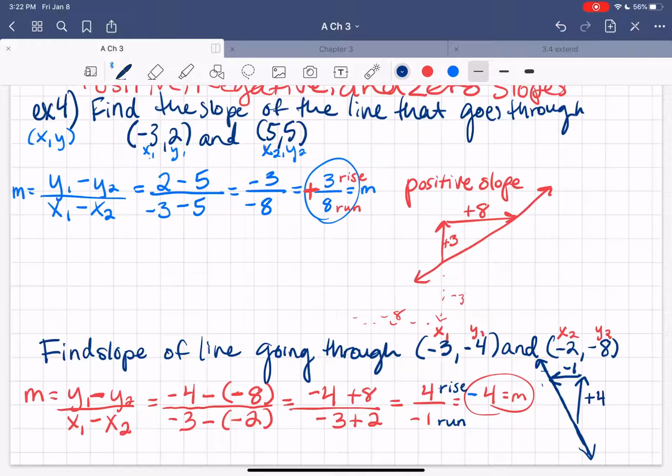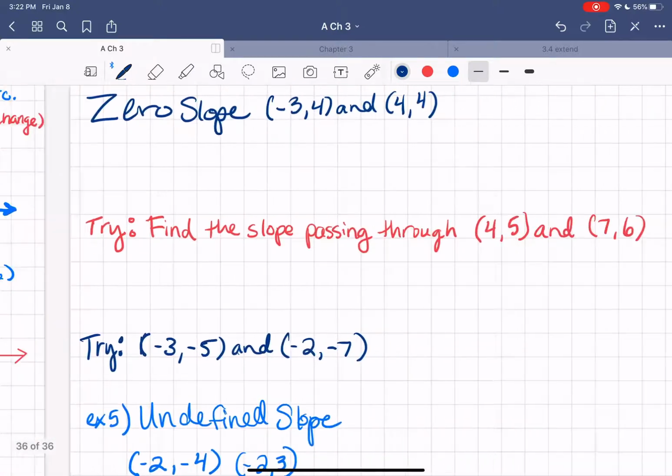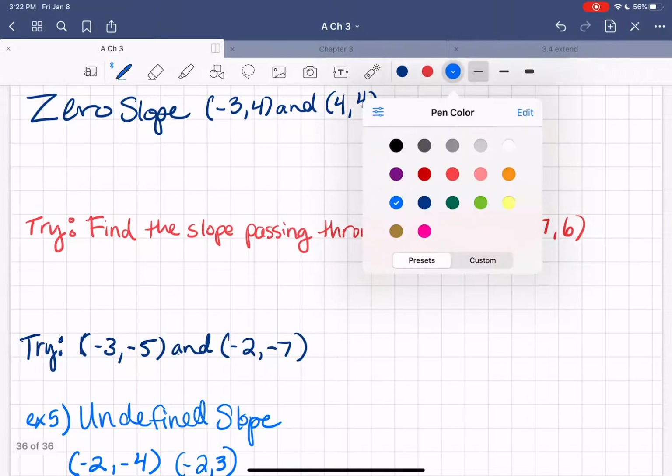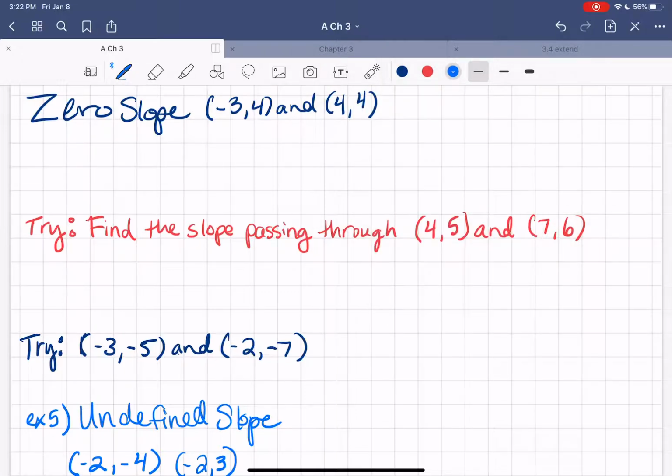All right. Now let's look at zero slope. How is this going to look when we see it in the wild? M equals y1 minus y2 over x1 minus x2.